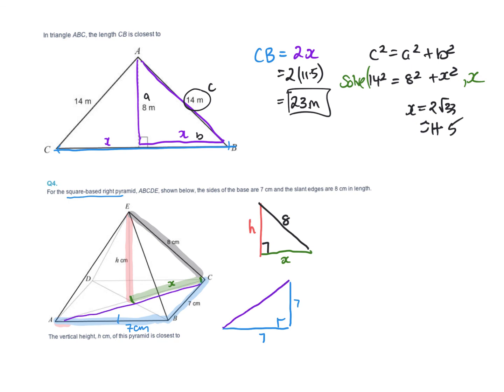So x is obviously half of that. Okay, so let's find this purple one or whatever along here. So I might call it y. So it'd be y squared equals 7 squared plus 7 squared. And you can pop in solve and we'll find out what y equals.